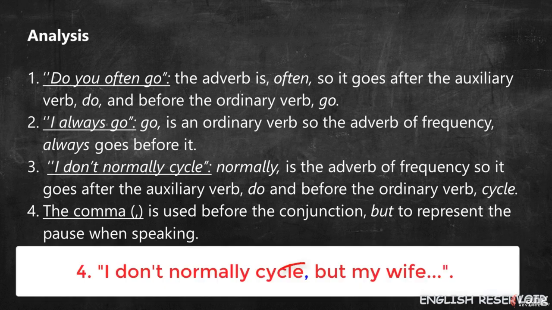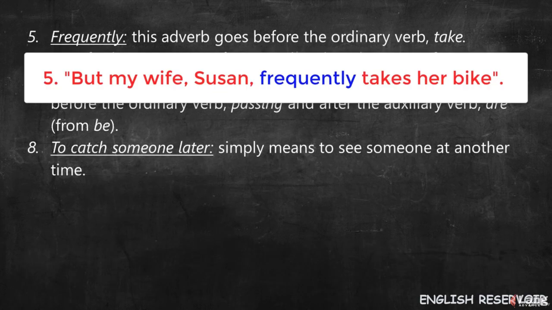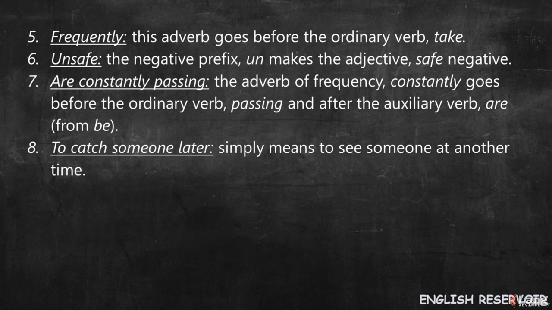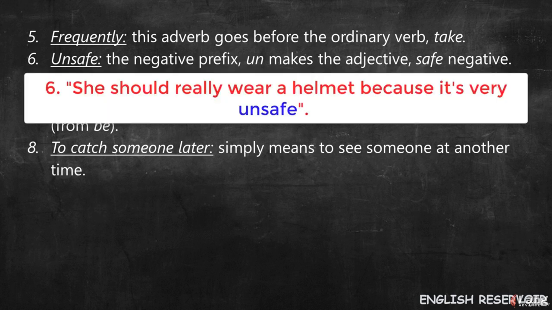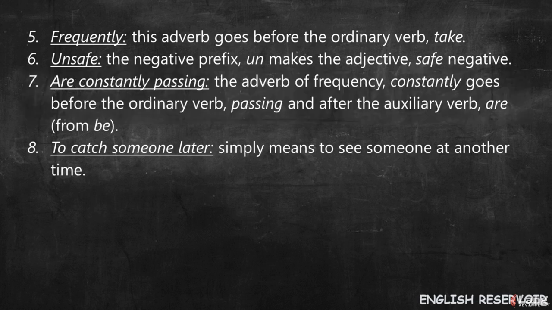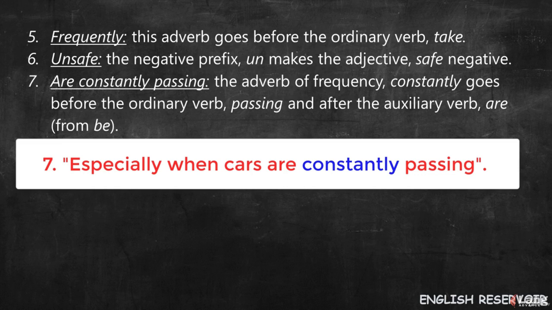4. The comma is used before the conjunction but to represent the pause when speaking. Frequently, this adverb goes before the ordinary verb takes. 6. The negative prefix un makes the negative adjective unsafe. 7.